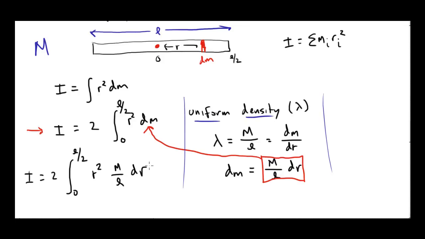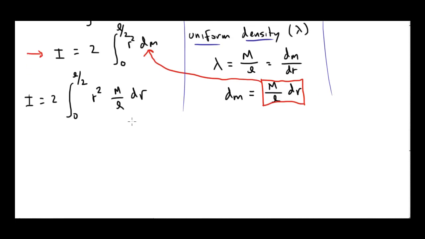Sorry about that. I'm back. So let's keep working on this integral here. This thing is a constant, right? We have mass M and length L, so we can just go ahead and pull that out, and we get now this equals 2 times M over L of the integral of r squared dr. And now we can go ahead and evaluate this thing.